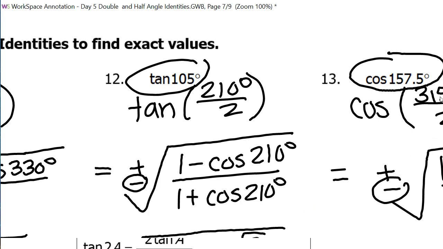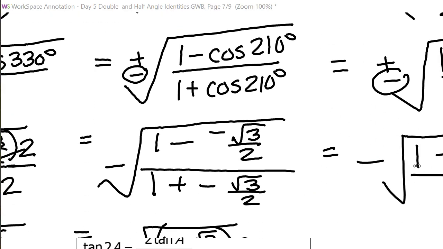Clear out the fraction. And to clear out the fraction, what do we have to multiply the top and bottom by? 2. So multiply the top by 2, multiply the bottom by 2. Whatever you do to the top, you have to do to the bottom. So when I distribute the 2, that gives me 2 plus square root of 2, and in the denominator, 2 times 2 is 4.